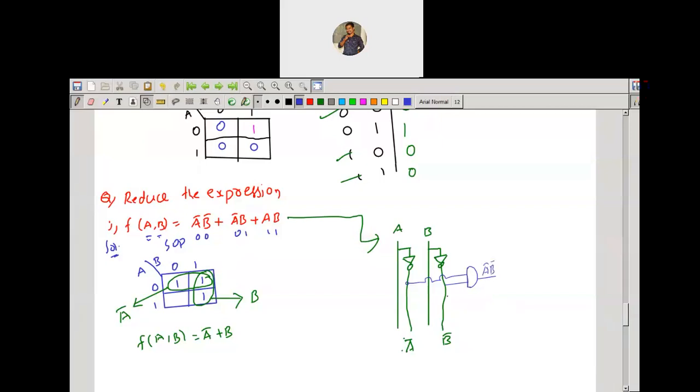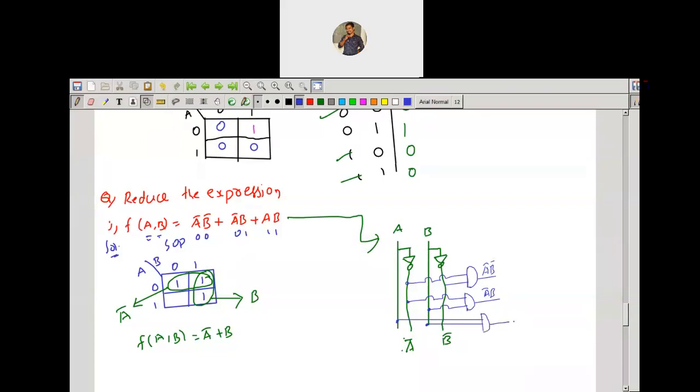Similarly, we need A bar B also, with the A bar line and the B line. After that we need A B bar, with one AND gate.